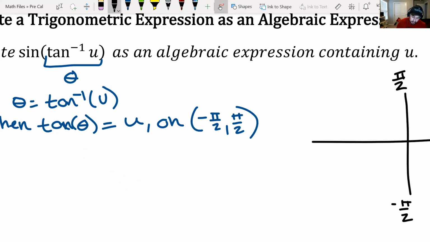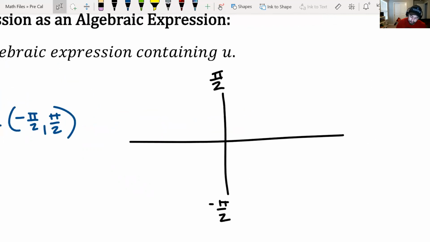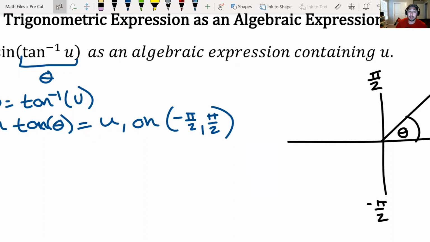So this means that my theta will go into quadrant 1, and tangent is u. So I need to label the triangle, so I'm going to make u into a fraction. I'm going to put u over 1. And remember, tangent puts opposite over adjacent.